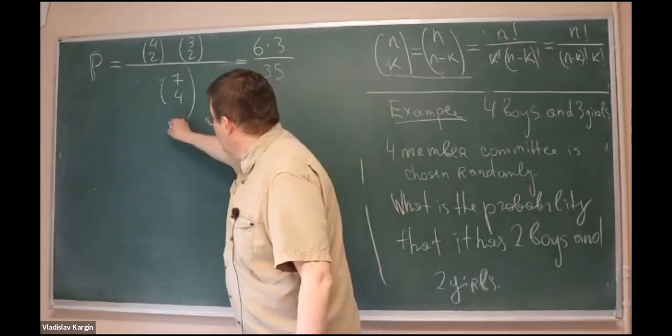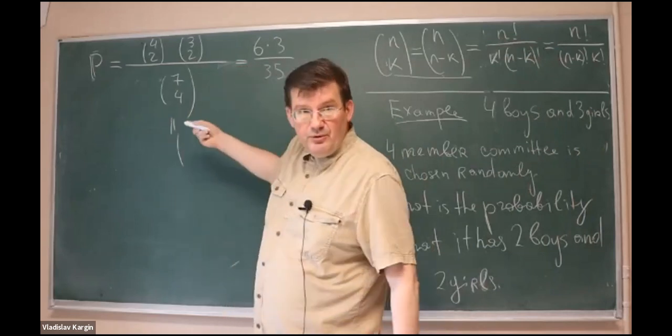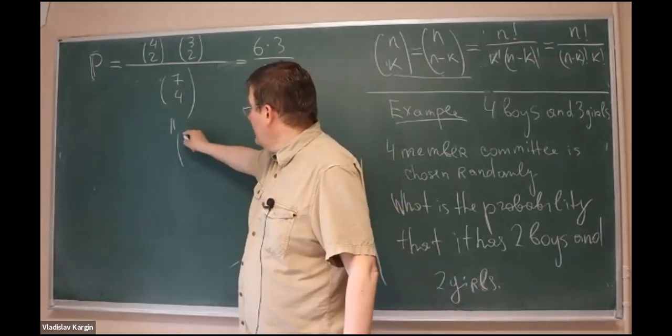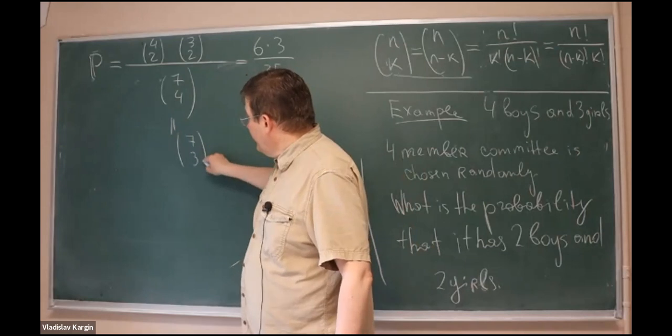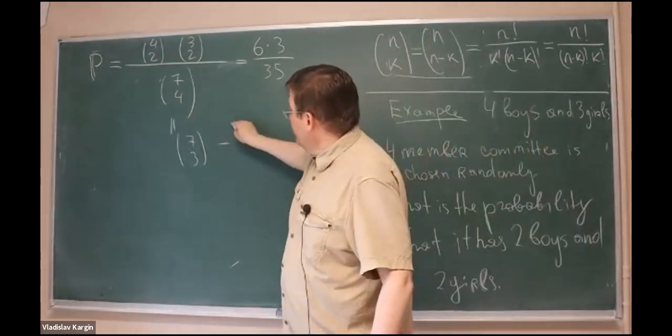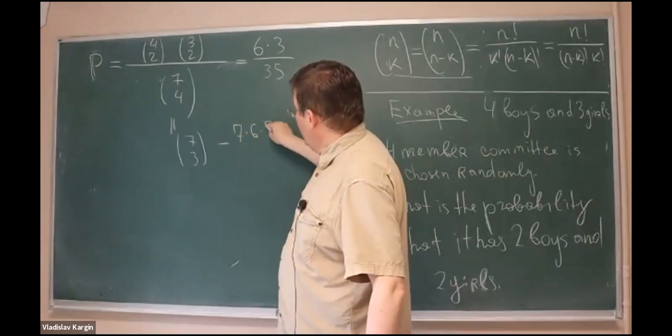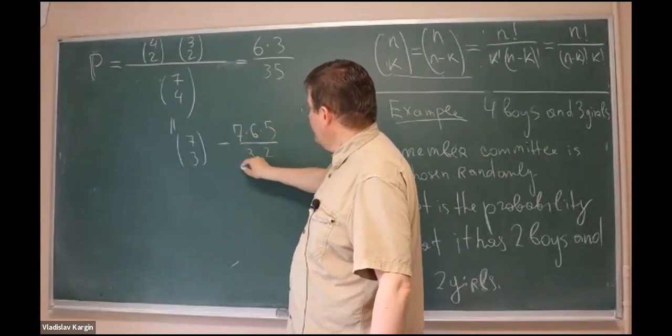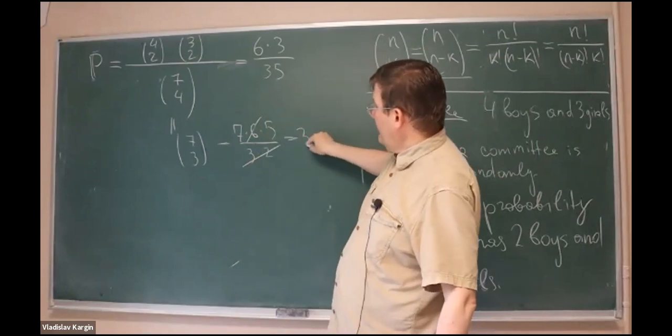It's easy, in principle, if you don't have software, these are very small numbers. So it's equal to 3 out of 7 by this identity, and so it's equal to 7 times 6 times 5 divided by 3 times 2. So this cancels out, and it gets 35.